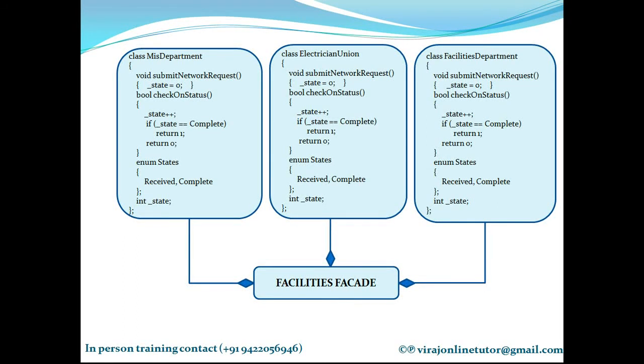You can also use the facade when there are many dependencies between clients and the implementation classes of a subsystem. And the third time you can use the facade is when the client makes lots of network calls to different parts of the service and you want to reduce the number of calls and also provide a simple interface.